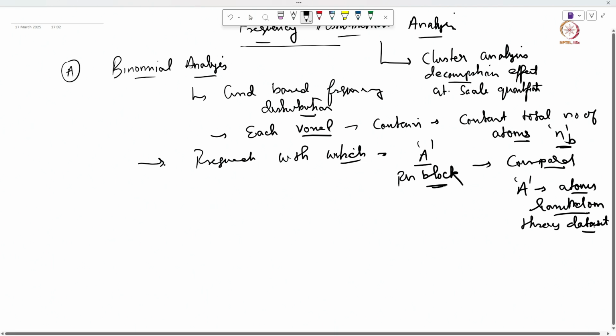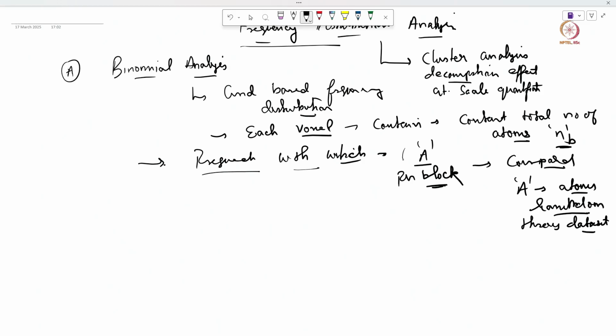So it is just to determine the frequency with which the particular element A is present per block or per voxel, as compared to the A atoms which are randomly distributed throughout the data set. So this is the comparison.